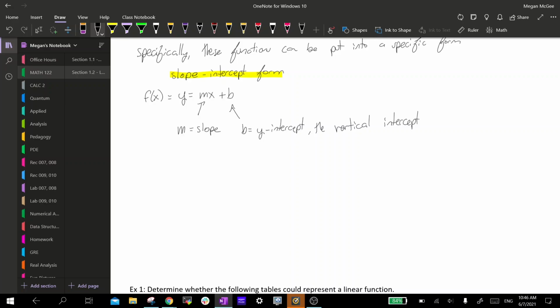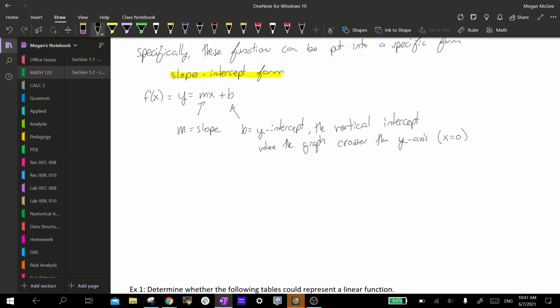So this is where the graph crosses the y-axis. So where the graph crosses the y-axis, and this has to happen at x is equal to 0.